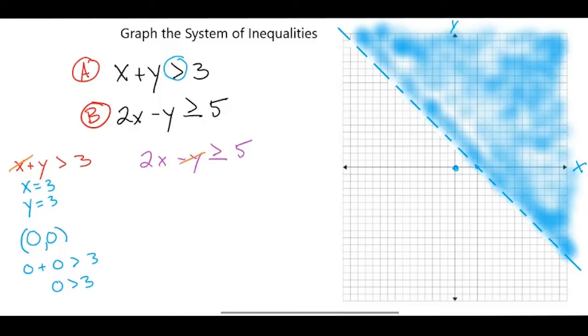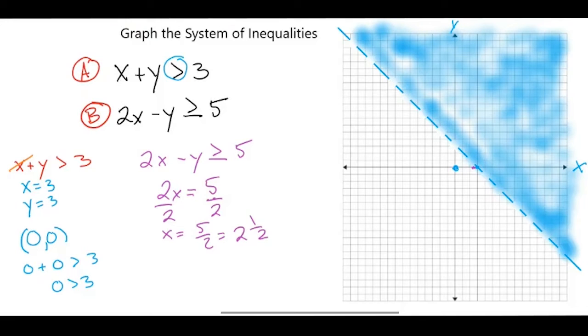So I'll rewrite this as 2x equals 5 to find the x-intercept. So divide by 2. X is 5 over 2, which is 2.5. So my x-intercept is 2.5. So I will go over to 2.5 and I'll make my x-intercept there.